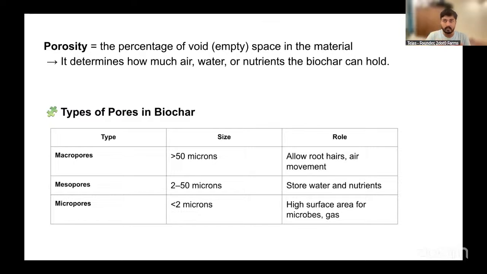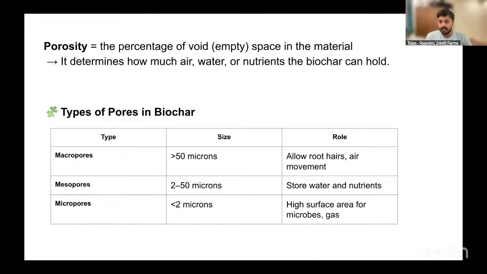And these are different things. If we get into a big hole, we have to crawl into something, and we can't even enter some holes. So where do these different sizes of pores come into play? Macropores allow air movement between the roots and near the root zone, which is very healthy for a root.